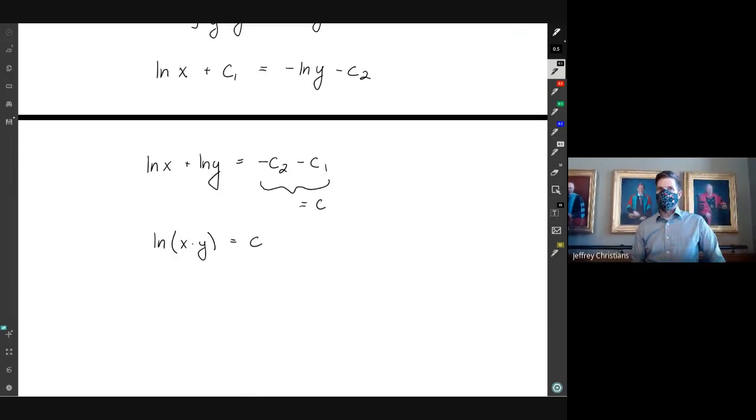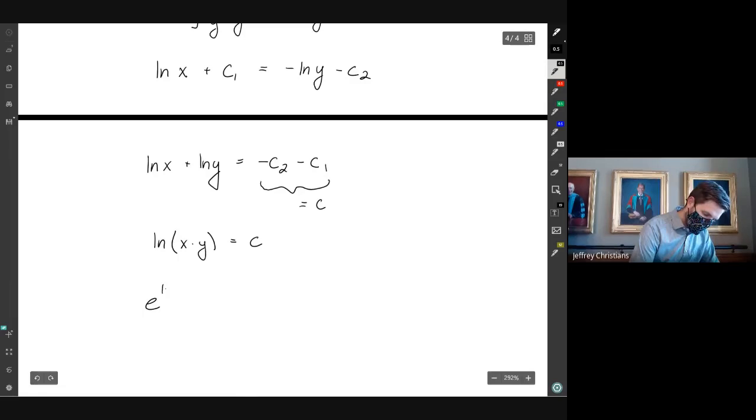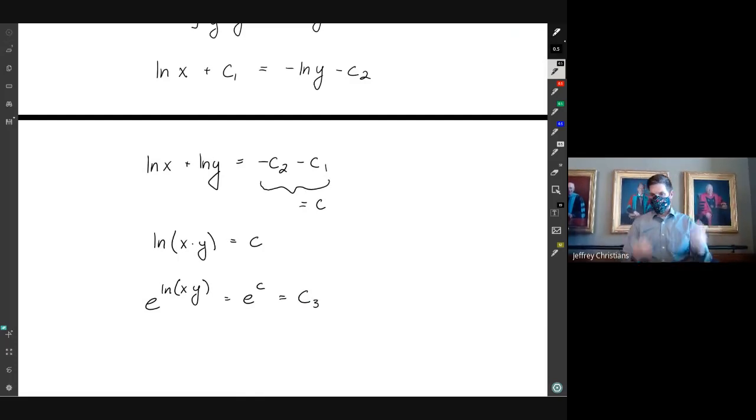How do we get rid of natural logs? With the exponential. So e to the natural log of x y equals e to the C. Let's call this equal to, I don't know, C3. It's still a constant, it's still arbitrary.